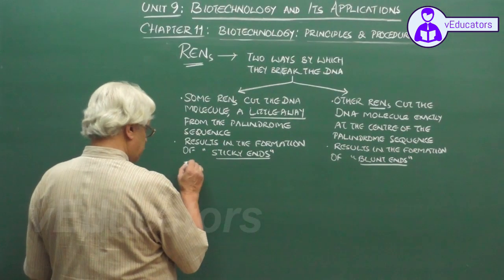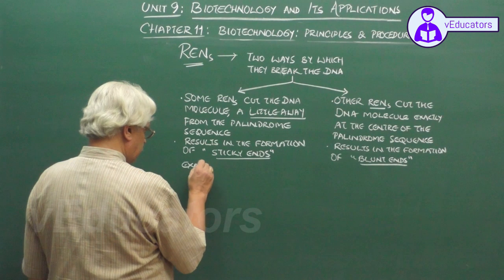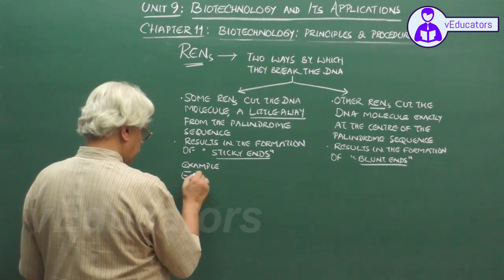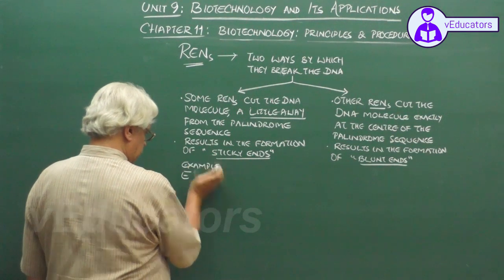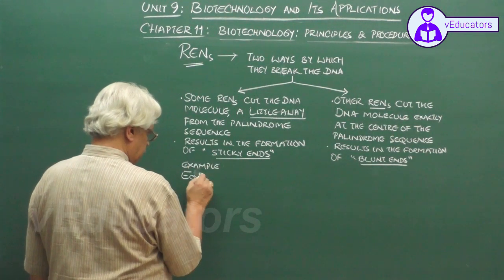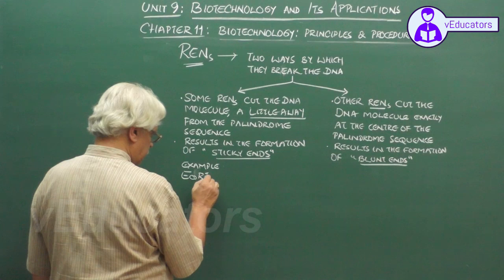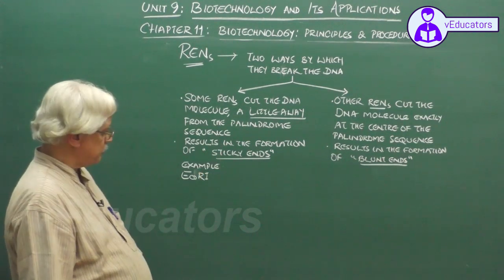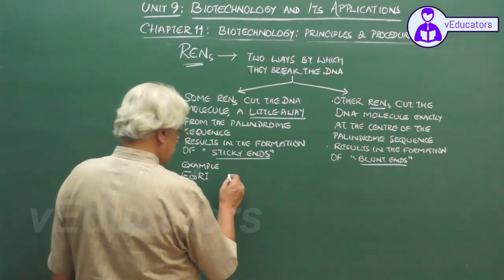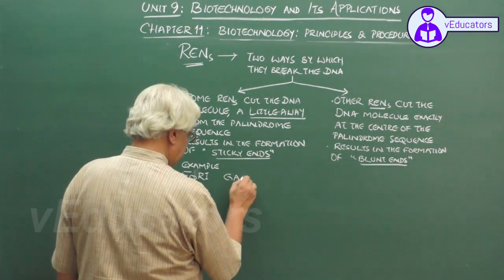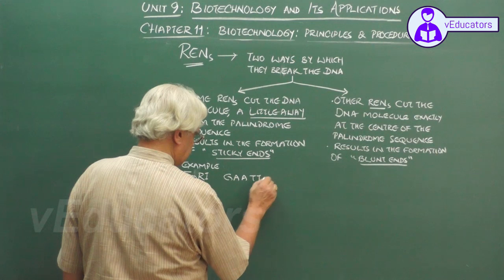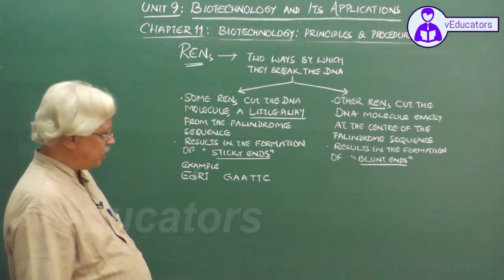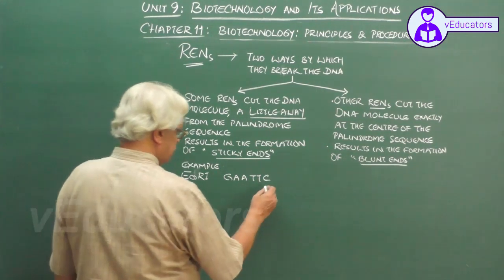For example, restriction enzyme EcoR1 recognizes the palindrome sequence GAATTC.